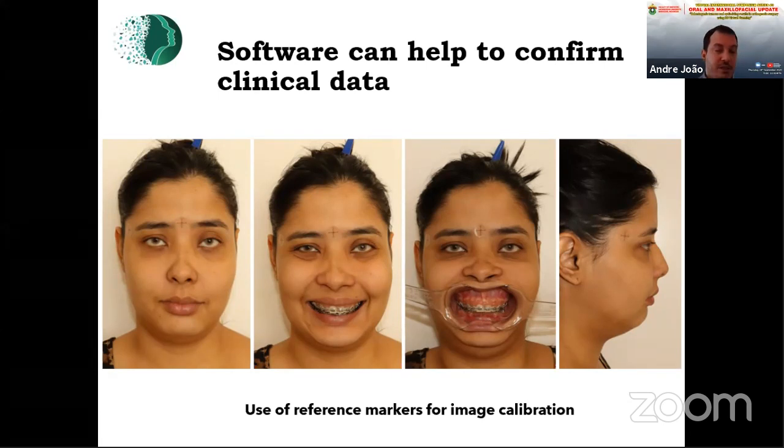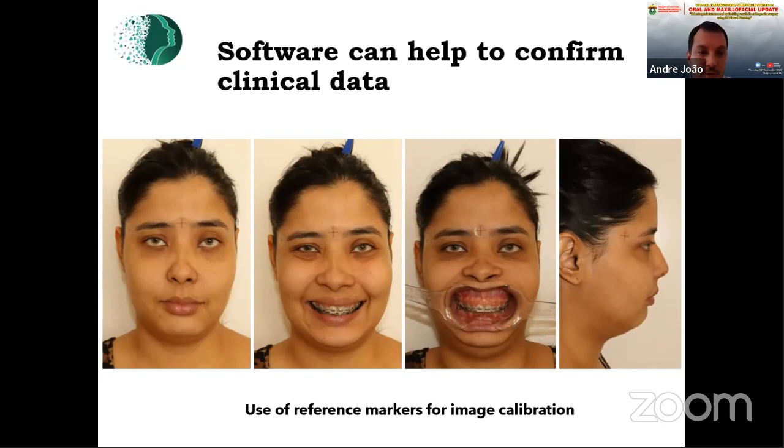Sometimes we can fail in our analysis. I can say, oh, I'm measuring here, I can see there is a cant, there is a difference in the position of the maxilla, one side is 1 millimeter higher than the other, but I'm using my eyes, so there is room for error. And I can use these pictures.